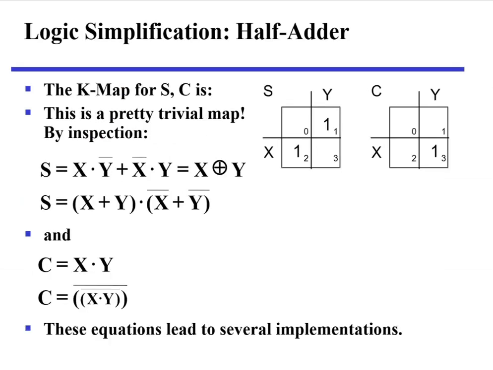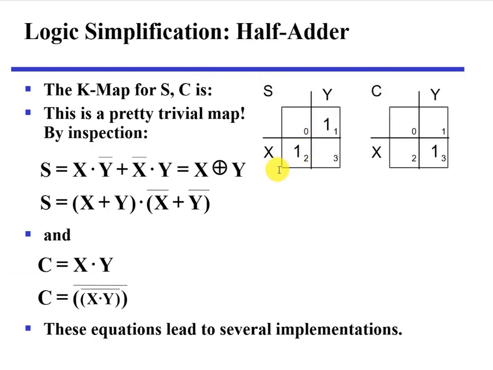Now the question is, how can we express a half adder using Boolean functions? A straightforward method is to form the K-map for S, the sum, and then for the carry. This is a two-variable K-map for S and carry, based on the min-term locations.